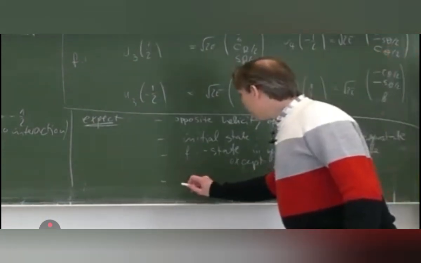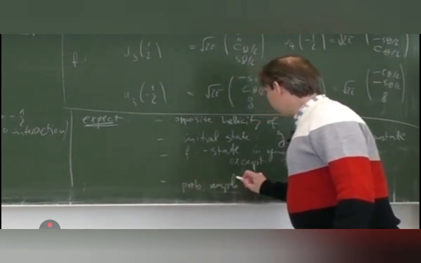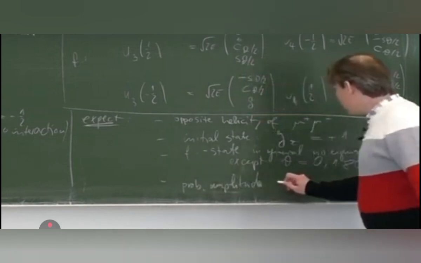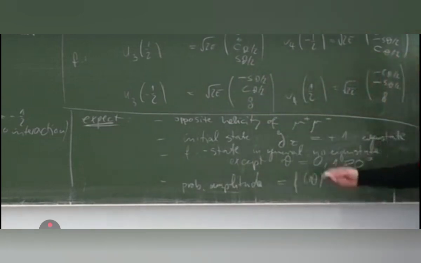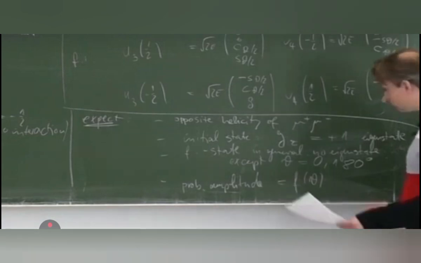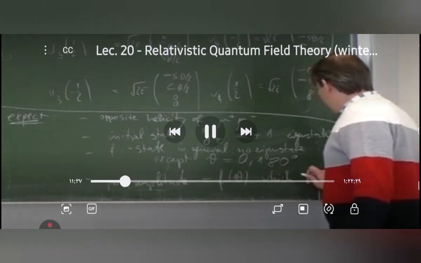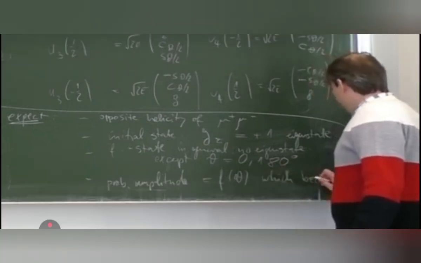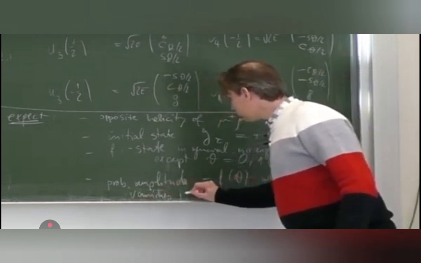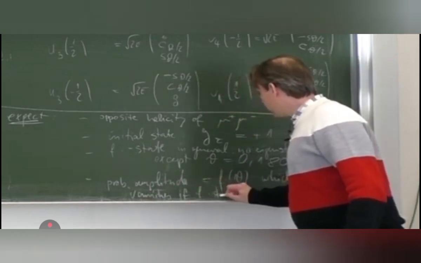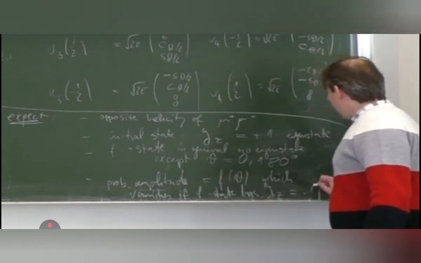So we expect that the probability amplitude is some function of theta with a non-trivial theta dependence, which vanishes if the final state has Jz equal minus 1.